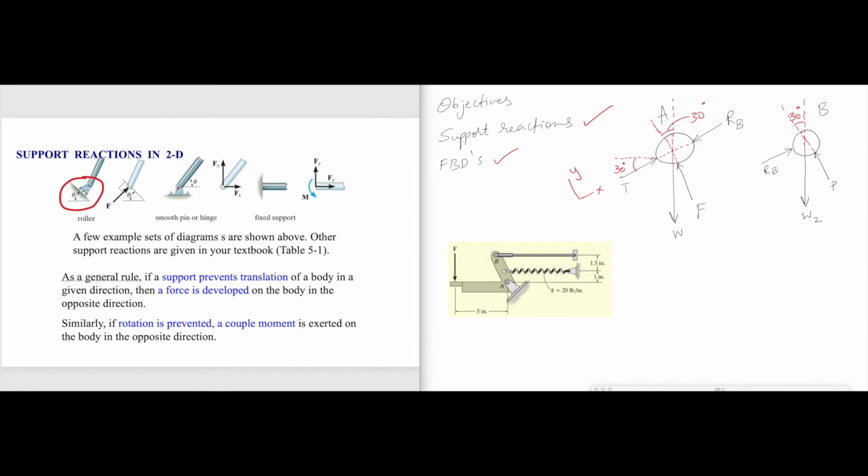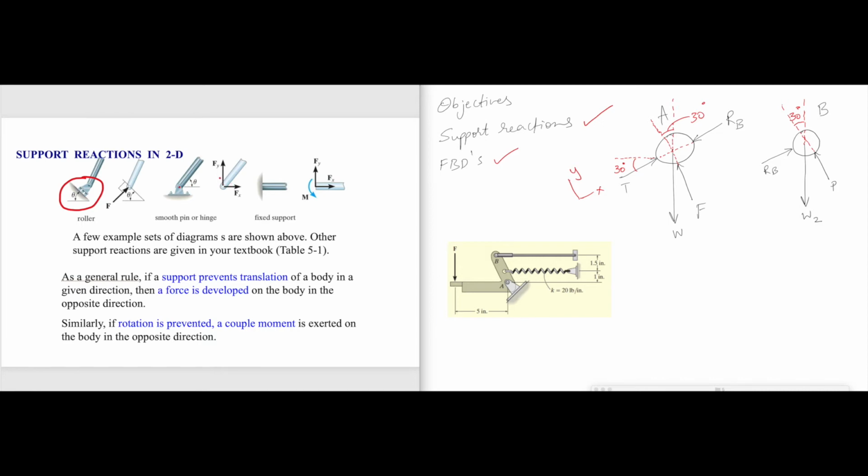For example, look at this support, a pin joint. This is a pin at that point. For the pin joint here, this rod is free to rotate, but it is not free to translate along x. So we have Fx. It is not free to translate along y. So we have Fy.